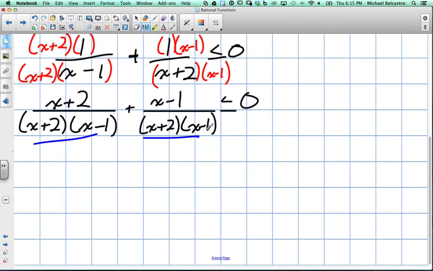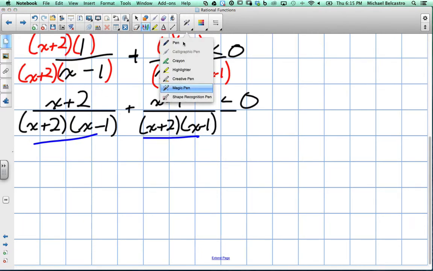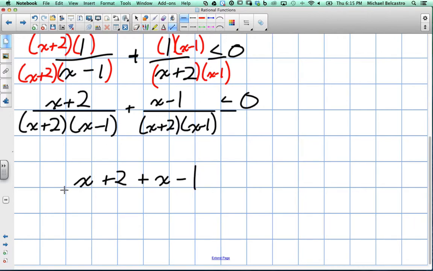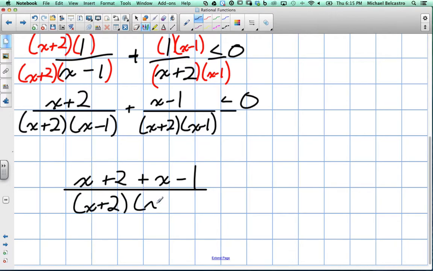Our denominator is going to stay the same, and we're just going to add the functions on top. So we'll get x plus 2 plus x minus 1, okay, and that will all be divided by our x plus 2, x minus 1, and still less than and equal to 0.